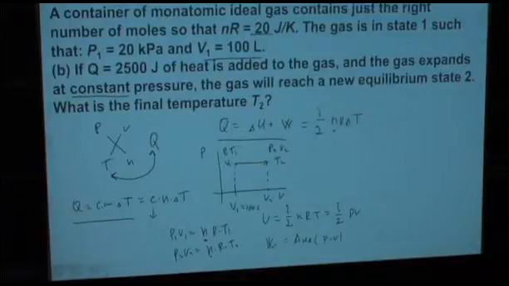Because n, R, are constants, the change in the internal energy is related to the change in the temperature. Well, that's how we calculate work for the isobaric process. Well, actually, monatomic, what does it mean?